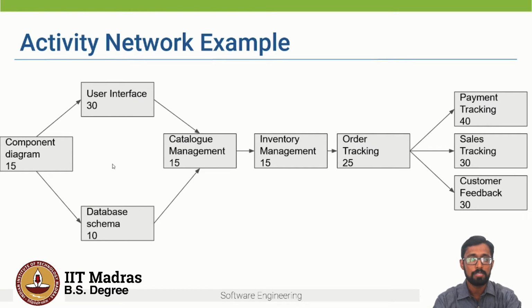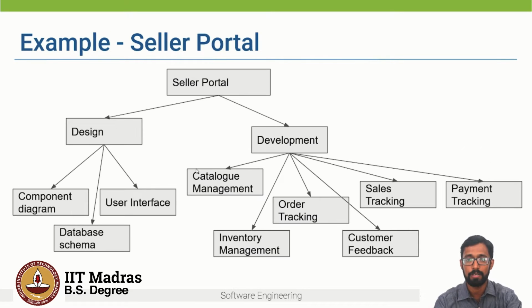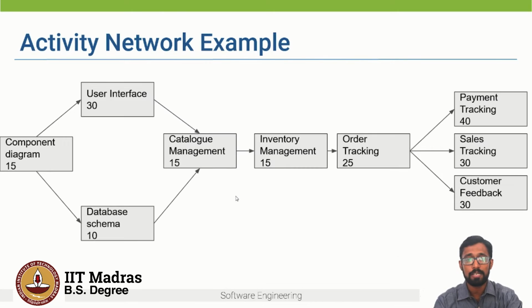So if you see the catalog management, which is part of the development, that can start only after you create the component diagram, the user interface, and the database schema, right? And so this graph-like structure determines the dependencies between different tasks. And it also tells us how many days are required for each task.